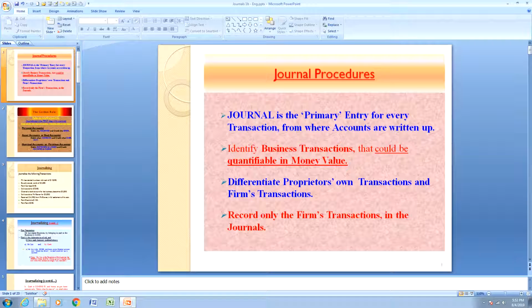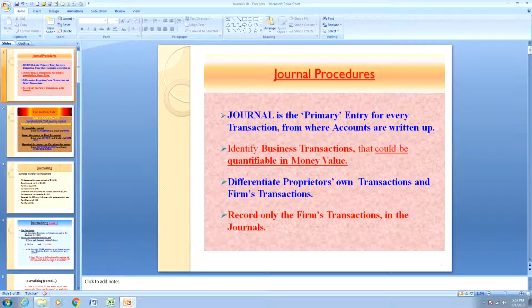For the purpose of familiarization, I begin with a few slides of the last lesson. Say journal procedures and rules for journalizing. Journal procedures. Journal is the primary entry for every transaction, from where accounts are written up.